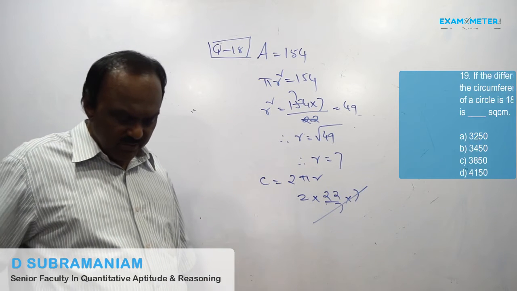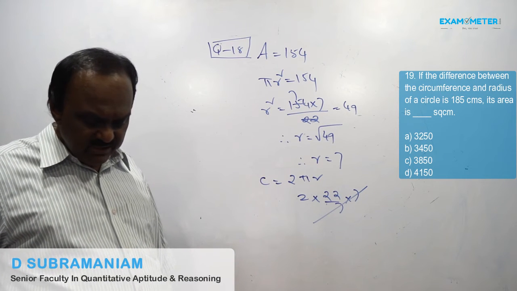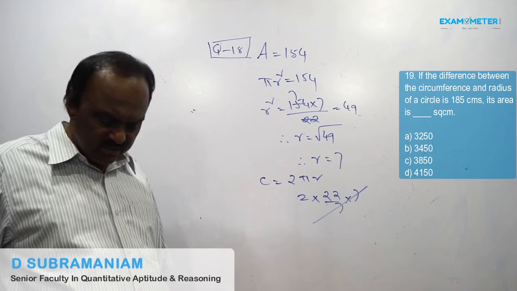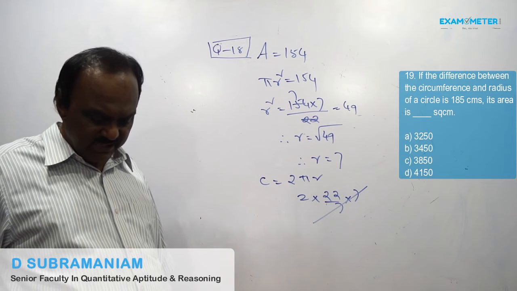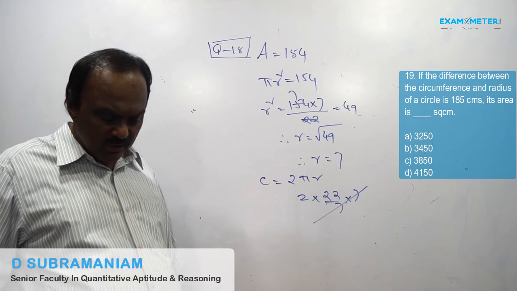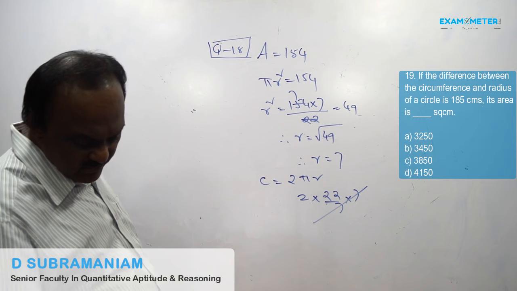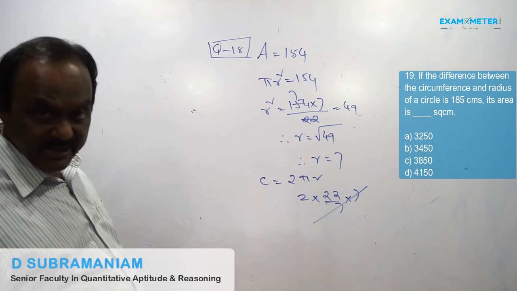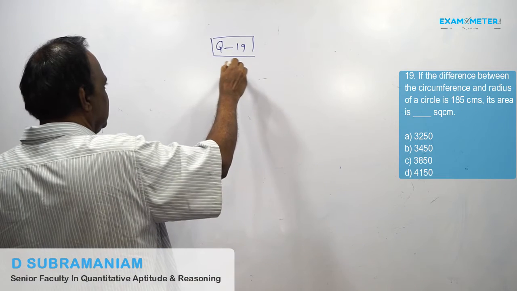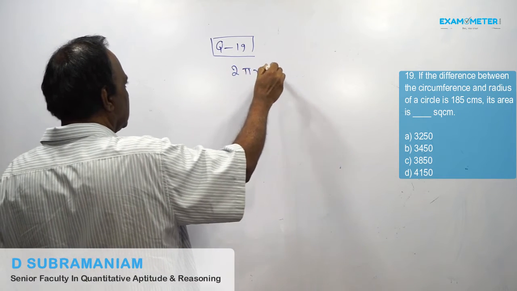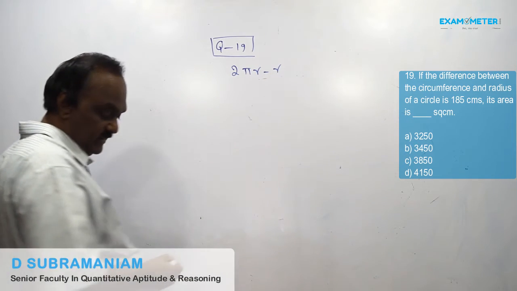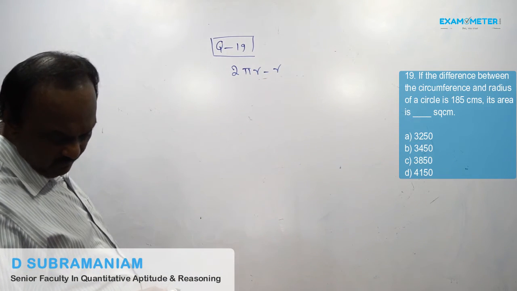19th problem. If the difference between the circumference and radius of a circle is 185 centimeters, its area is how many square centimeter? Difference between circumference and radius of a circle: 2 pi r minus r. This is given as 185.